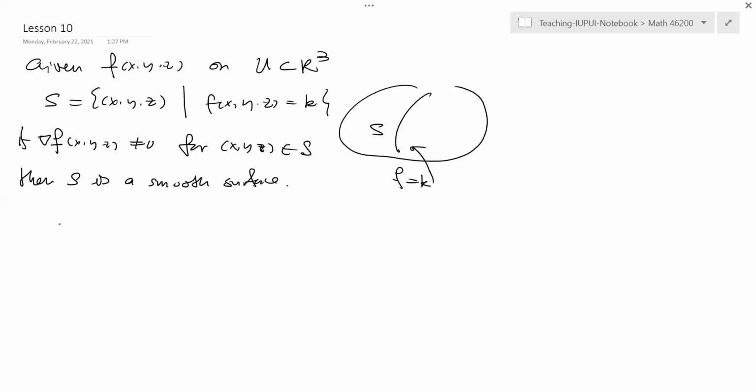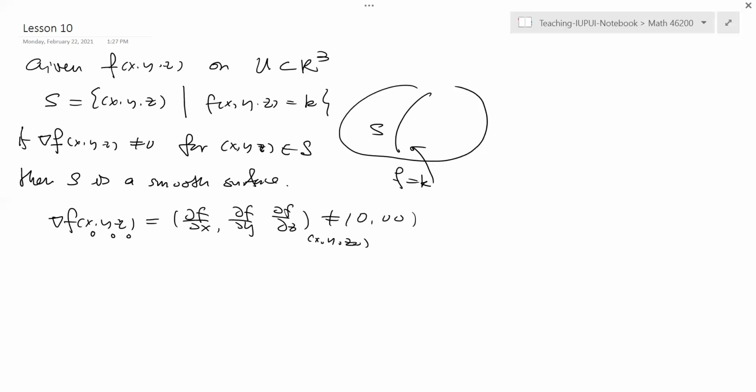Now, what does it mean? The gradient of the function is going to be the partial derivatives. So this is not going to be 0 means one of them is not going to be 0. At some point, if this is not going to be 0, then one of them is not going to be 0.